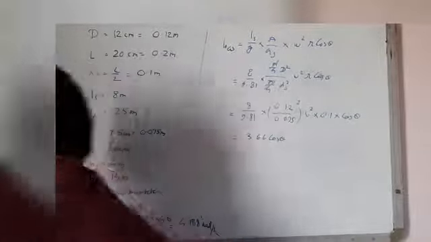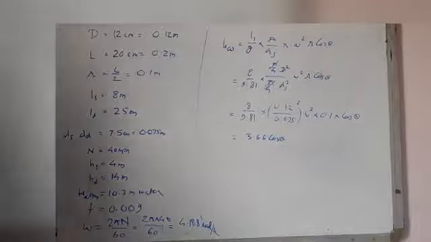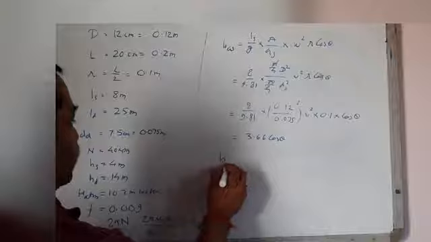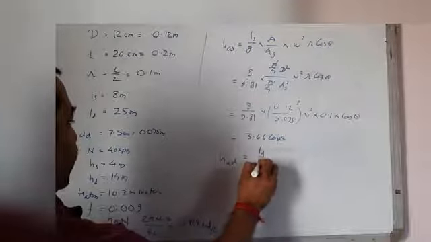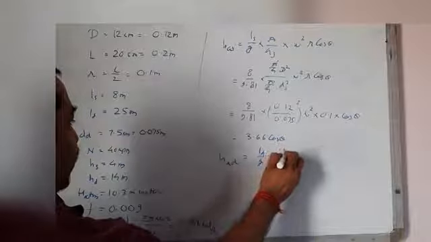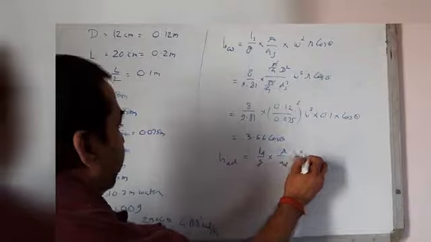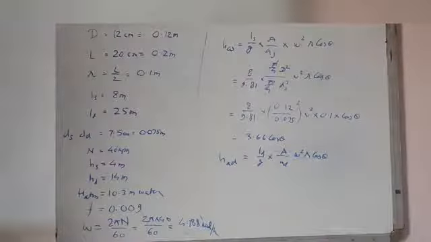3.66 cos theta. Similarly, pressure head due to acceleration in delivery pipe is given by the equation HAD equal to LD by g into A by AD omega square r cos theta.